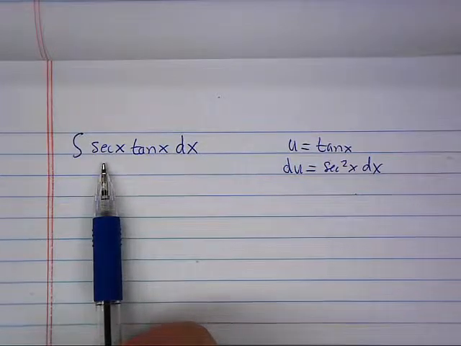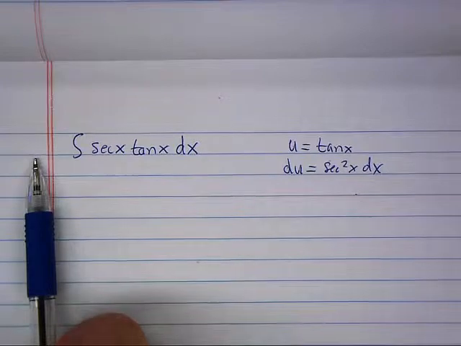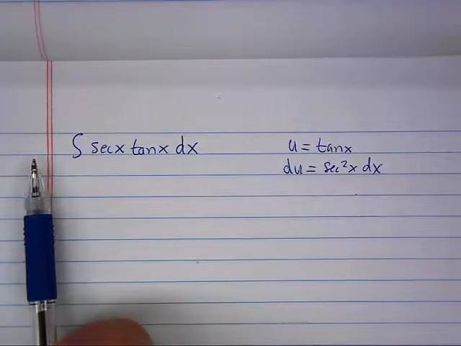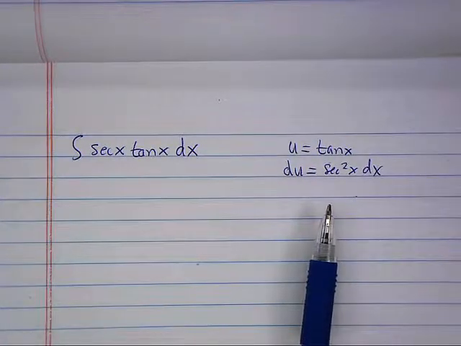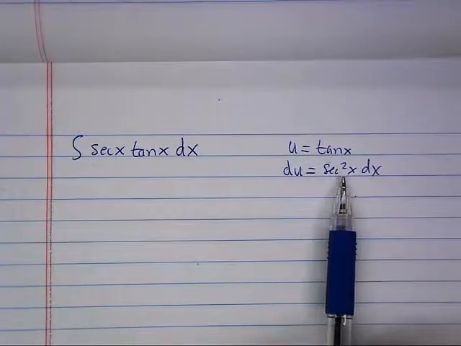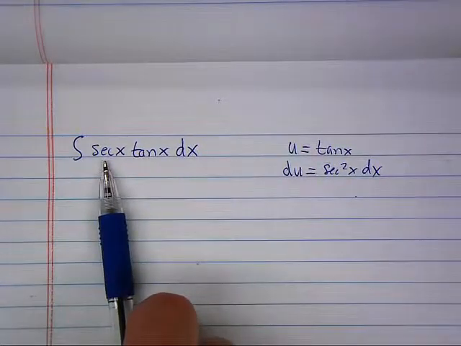I can multiply by secant, but can I divide by secant on the outside? No, you can only do that trick with numbers. You cannot do it with variables. So I don't think u equals tangent x is the right substitution. Because when I take the derivative, I get secant squared. I don't have a secant squared over here to balance with. Doesn't work out. Good guess, but that one wasn't right.